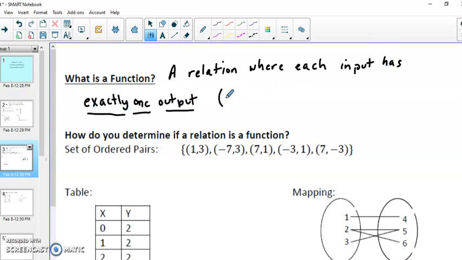And here's another way of stating this. A relation is a function if the input values do not repeat.